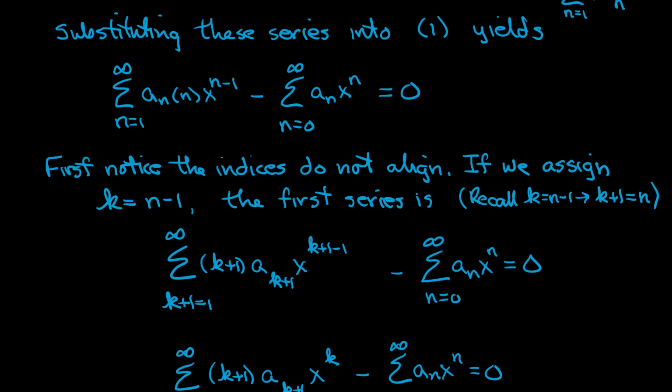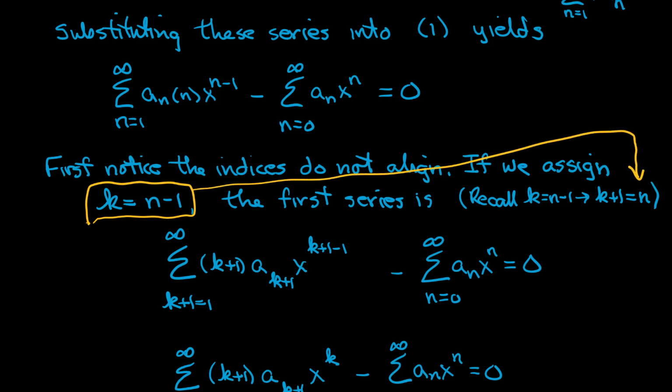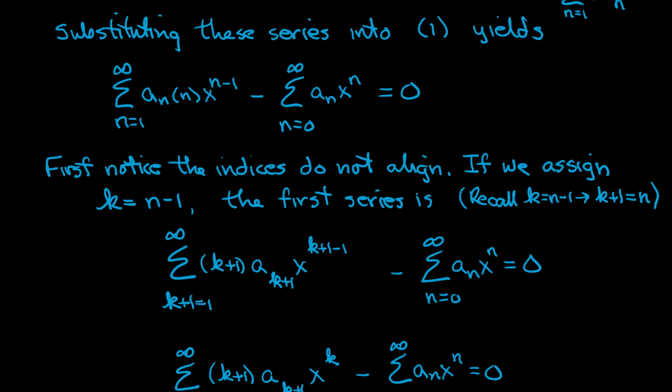If n started at 2, this would be k equals n minus 2. If n would have started at 5, this would be k equals n minus 5, and you get the idea. When I work this out, okay, I define what I want my k to equal. I can then solve for n by adding 1 to each side, and my n is equal to k plus 1.